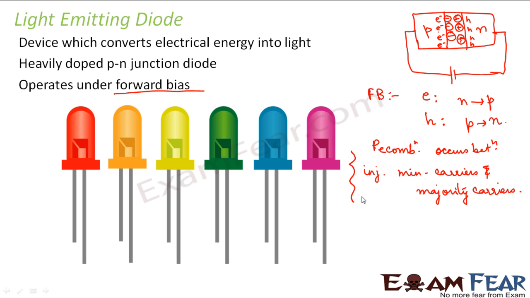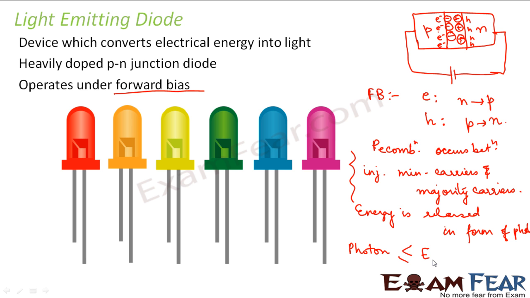Right, so this recombination will occur, so energy is released in the form of photons.